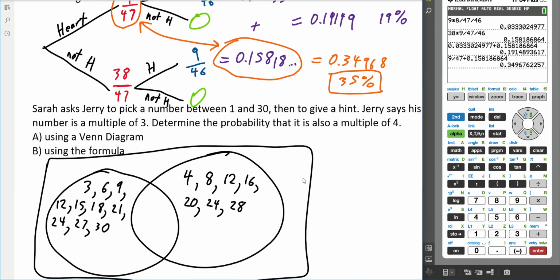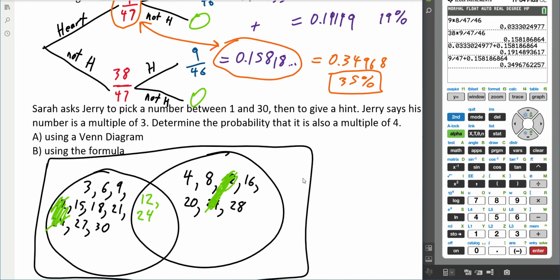Well, we have an overlap of the 12, so I can cross those out. We have an overlap of the 24, so we can cross those out. Is there anything else? No. So you can see here that we have an overlap of 2, or an intersection of 2 points.